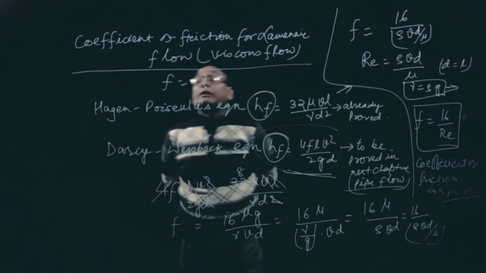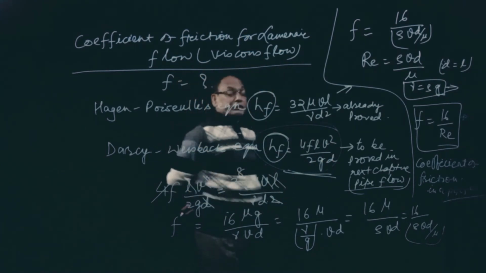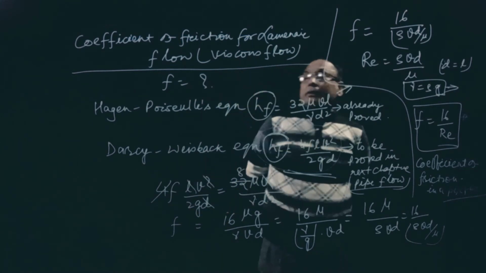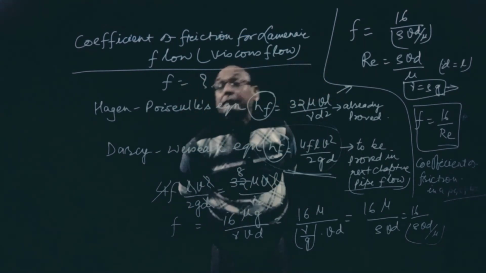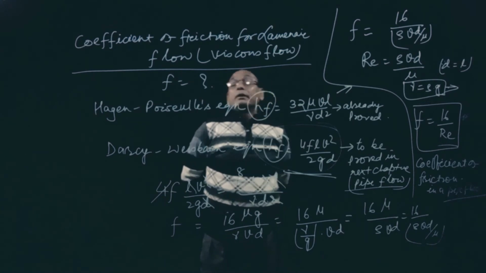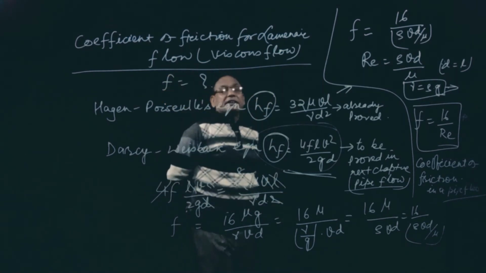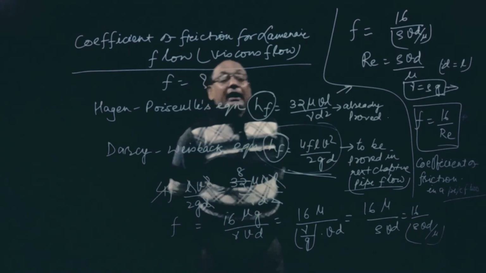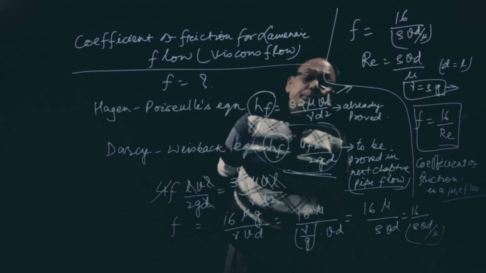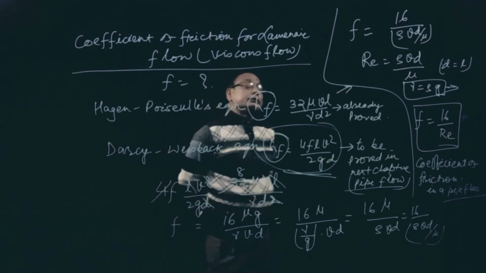Let us sum up what we have discussed in this class: the coefficient of friction for laminar flow. The Hazen-Poiseuille equation gives HF equal to 32 mu VL by gamma d square, which we have already proved.